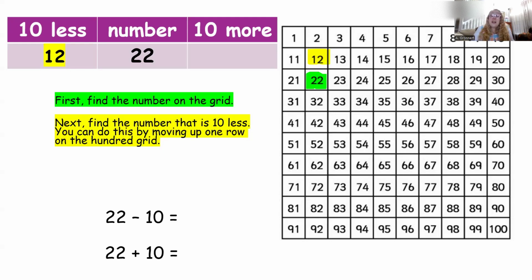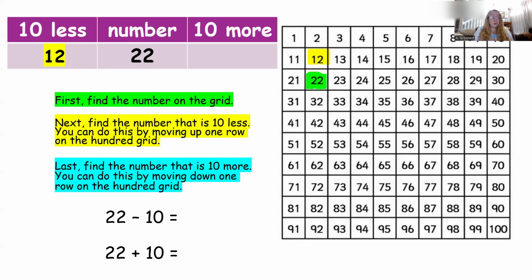Now, we just need to find the number that is 10 more. Do you remember how to do that? You got it. We move down one row. Which number is down one row from 22? Yes, it's 32. Awesome job.